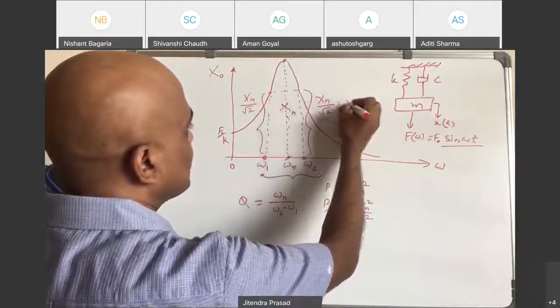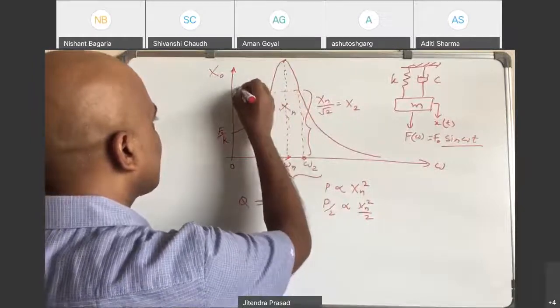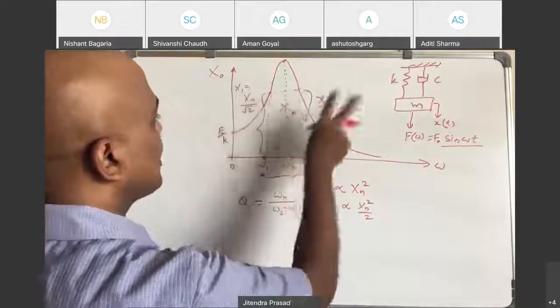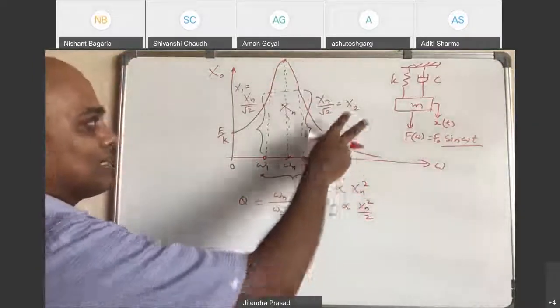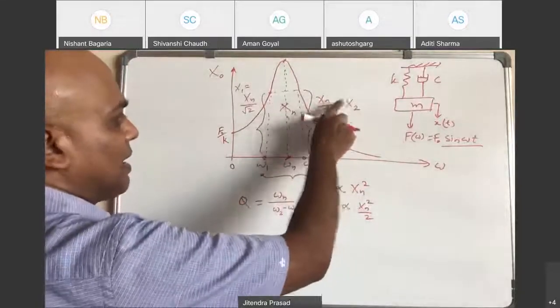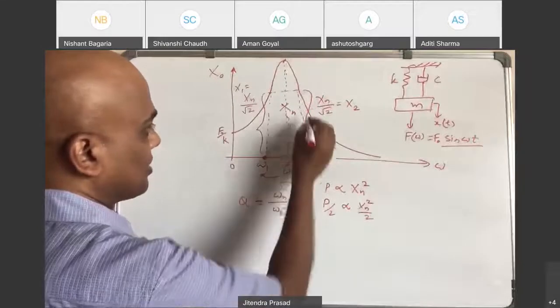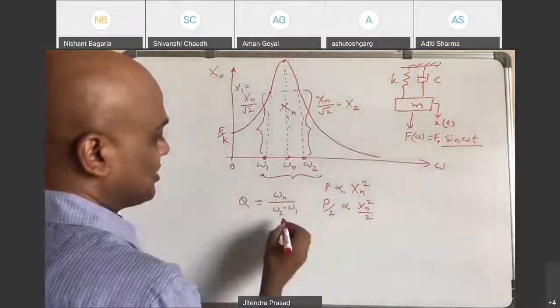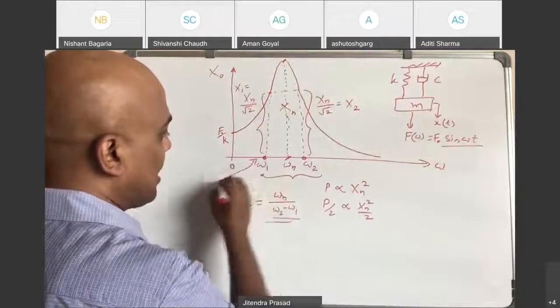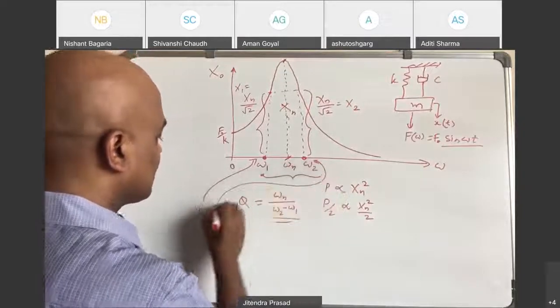Let's call it x2 here and x1 there. Both x1 and x2 equal xn divided by root 2, and the corresponding omegas are omega 1 and omega 2. So these are the half power points.